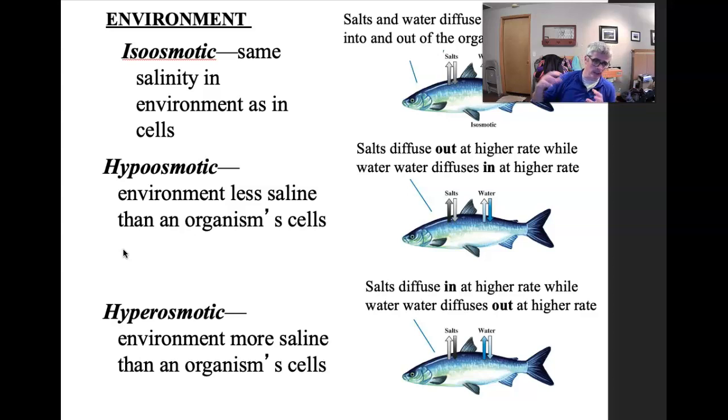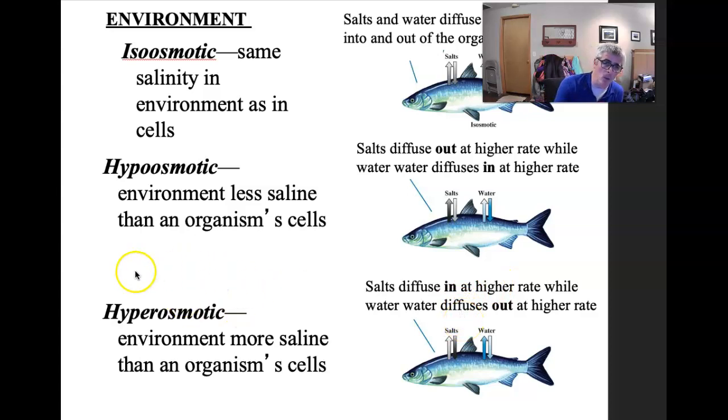So now we're going to take a freshwater fish, we'll go catch a walleye, and throw it in Puget Sound. The environment is saltier than the cells within that freshwater fish. So what's going to happen there? Salts will diffuse in at a high rate while water diffuses out.